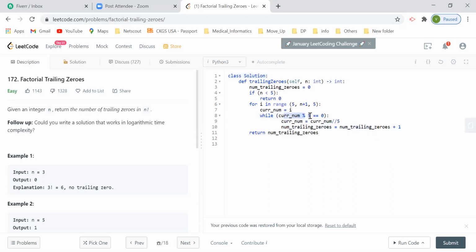So we start from 5 and increase the range by 5. If you have 10 with you, you try to step by 5 and find the number of divisors by 5. That's the whole idea.